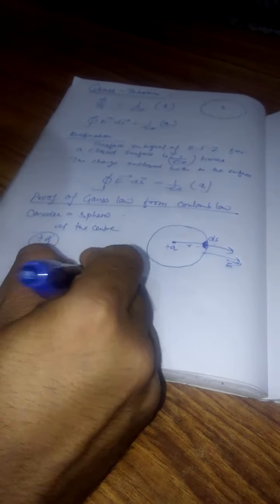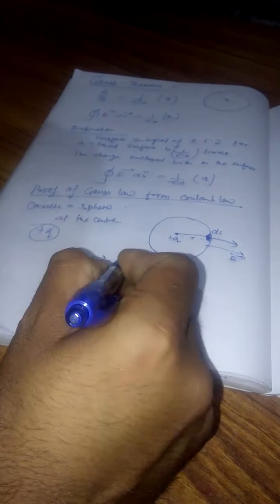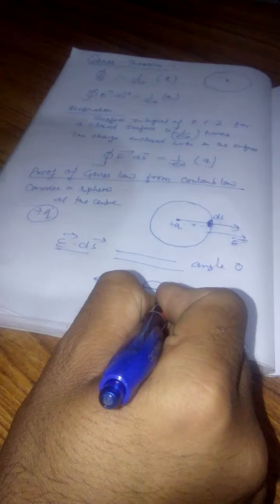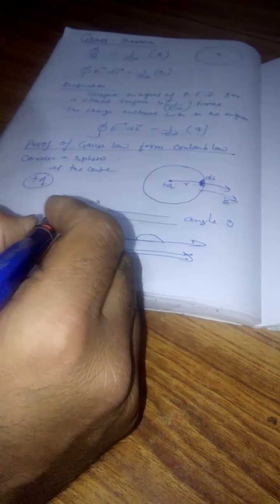What is the angle between E and ds? They are aligned in the same direction, so the angle is 0. If they were in opposite directions, the angle would be 180. So here the angle is 0, and we are considering a small element of area ds.